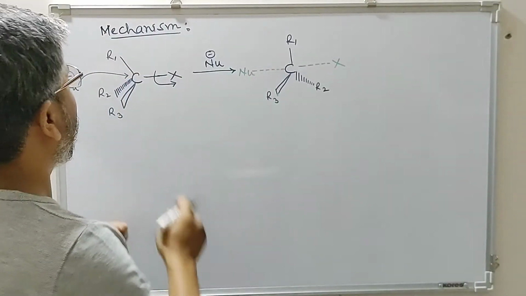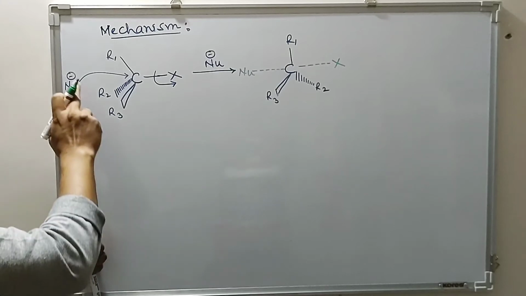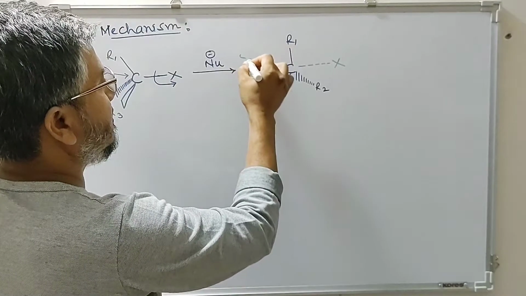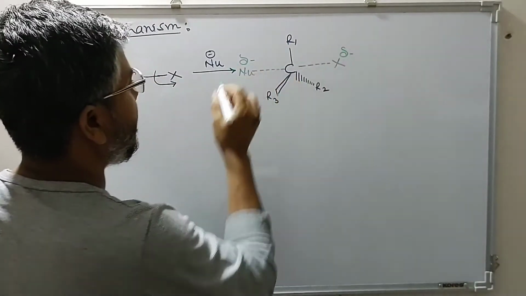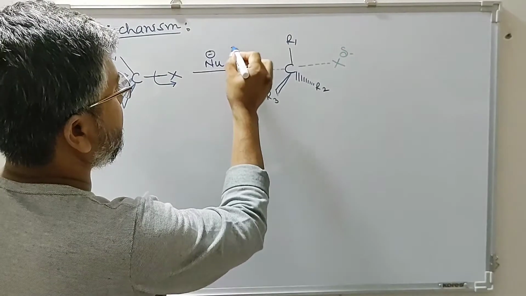Now during the course of reaction, the negative charge is transferring from nucleophile to X. So this is delta minus and this is also delta minus. So this is what we call as transition state.